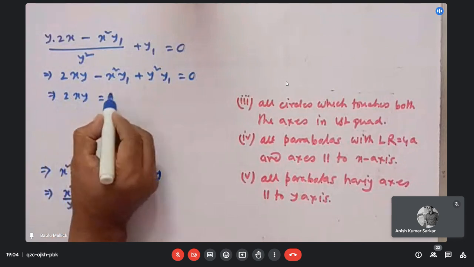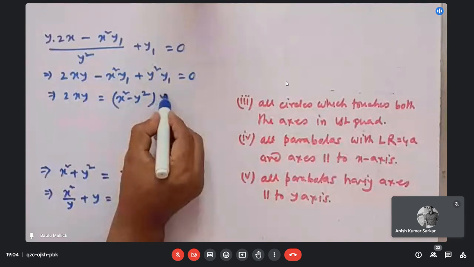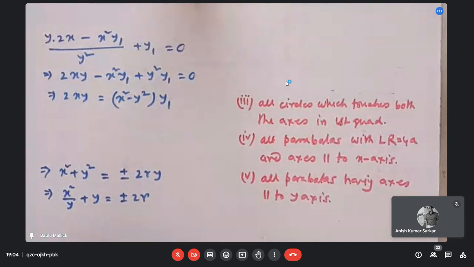So twice xy is equal to x square minus y square into y1, where y1 is equal to dy by dx. Write this, this is the required differential equation.